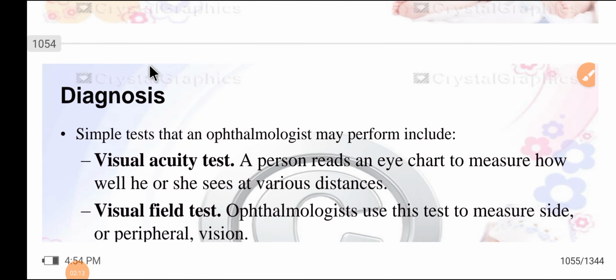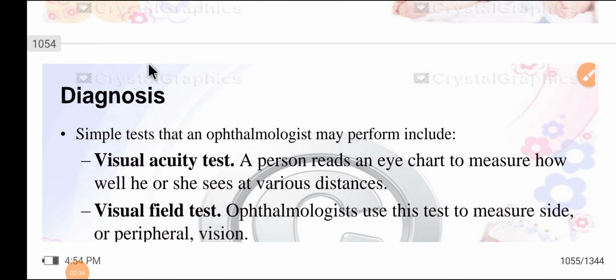Diagnosis: simple tests that an ophthalmologist may perform include visual acuity test. A person reads an eye chart to measure how well he or she sees at various distances.